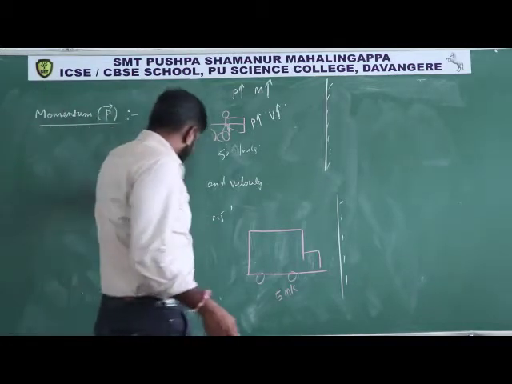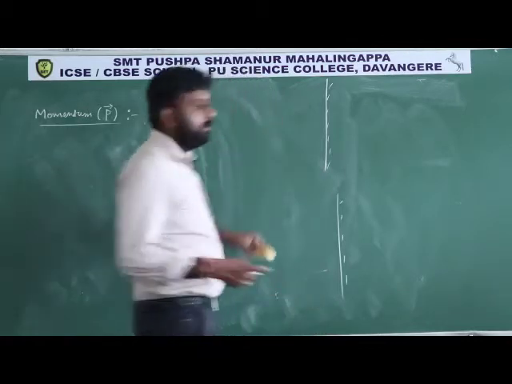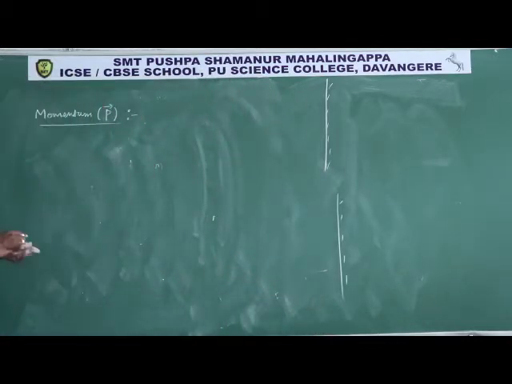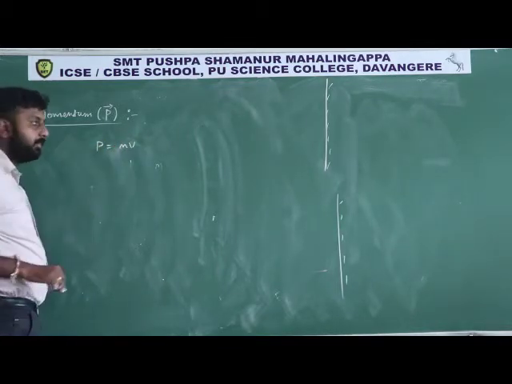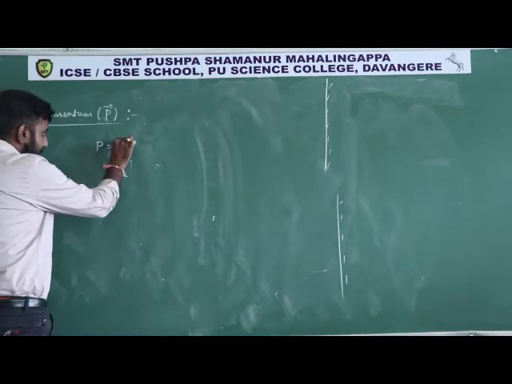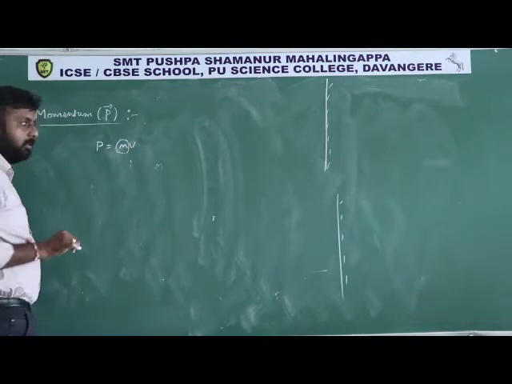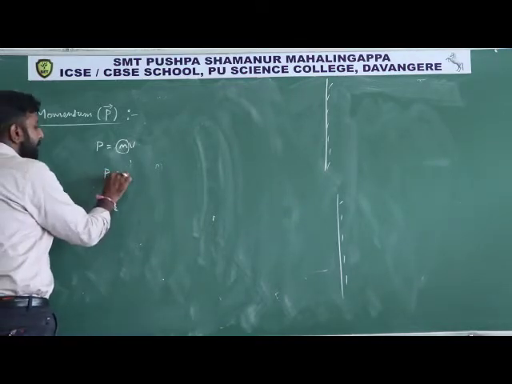Then write a note: P equals m into v, where P is called linear momentum. For example, let us consider the mass is constant, not changing. Then we can say P is proportional to v.